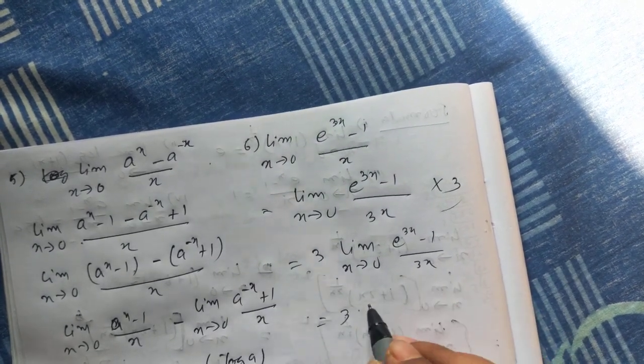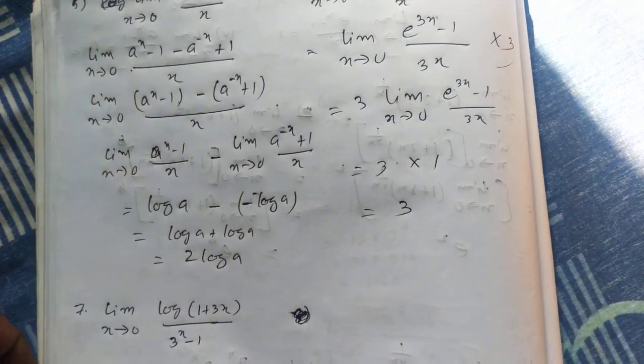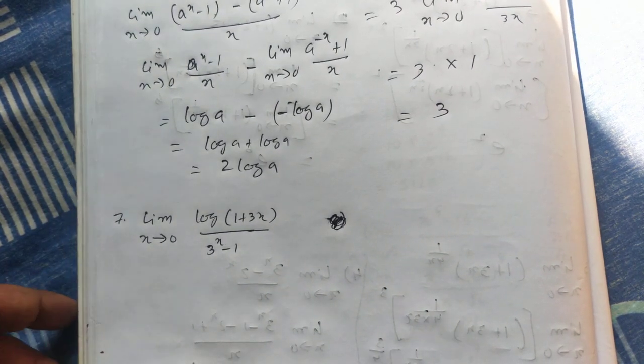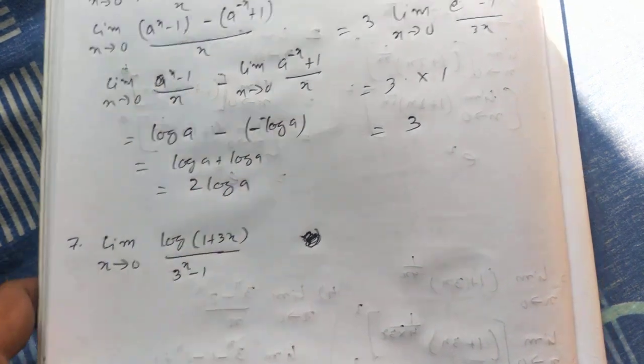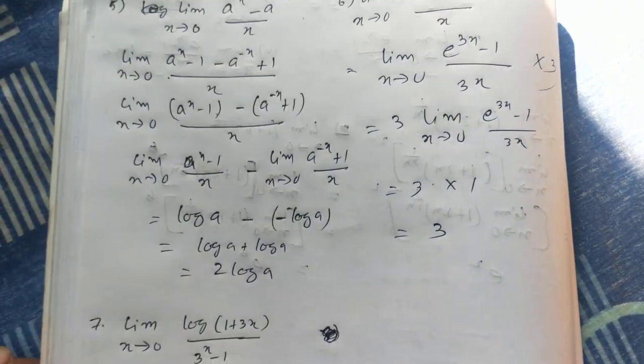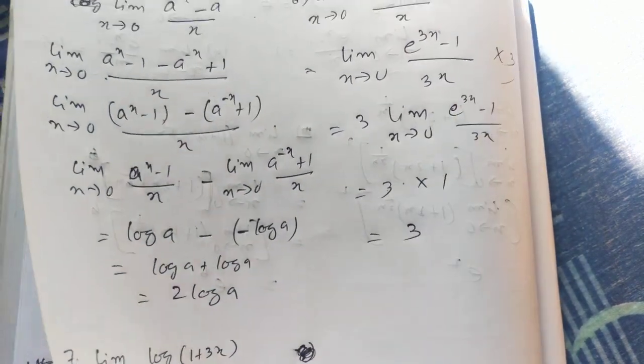So in place of this, I can write 1 times 3. Clear? Let us do this much only as per the formula and continue with exercise 13.1, question number 19.